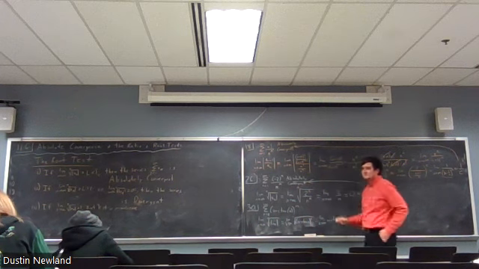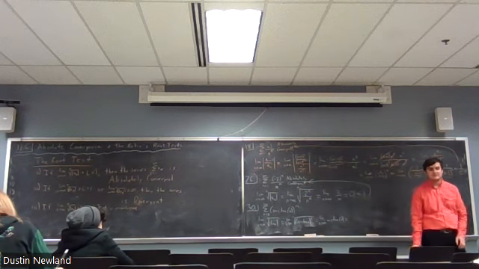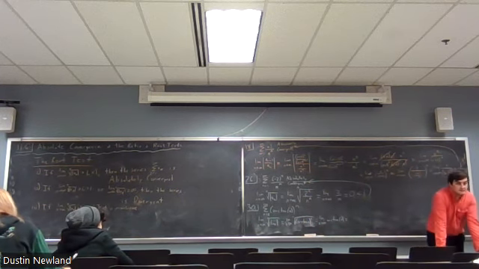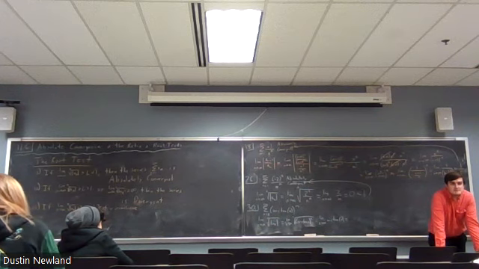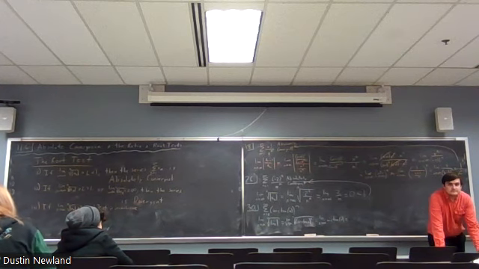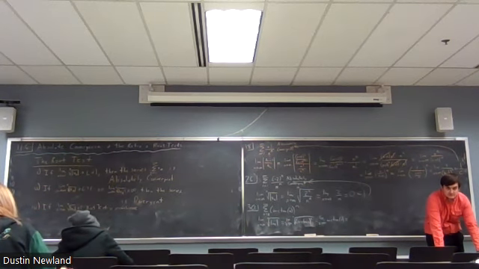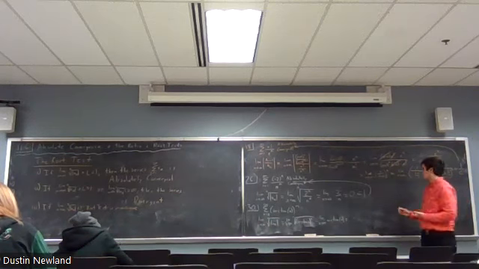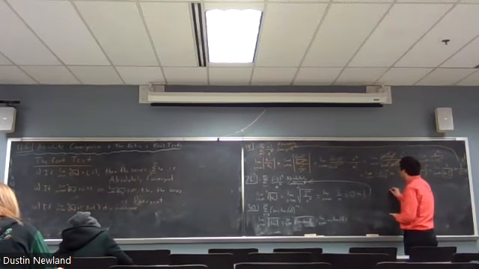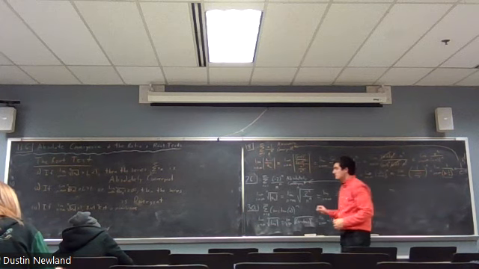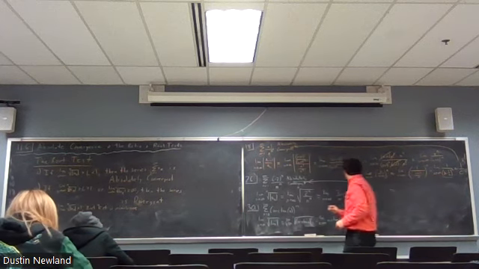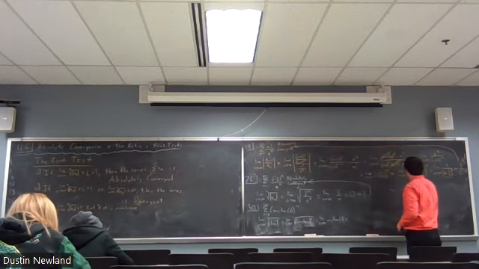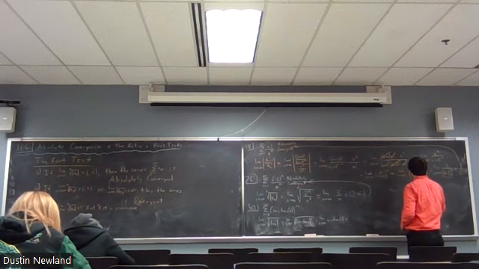Anybody want to enlighten us? Remember what the limit as n approaches infinity of arctan is? It's not infinity, actually. So remember, arctan is tan inverse, right? And whenever we're talking about tan inverse, the domain goes from negative infinity to positive infinity.